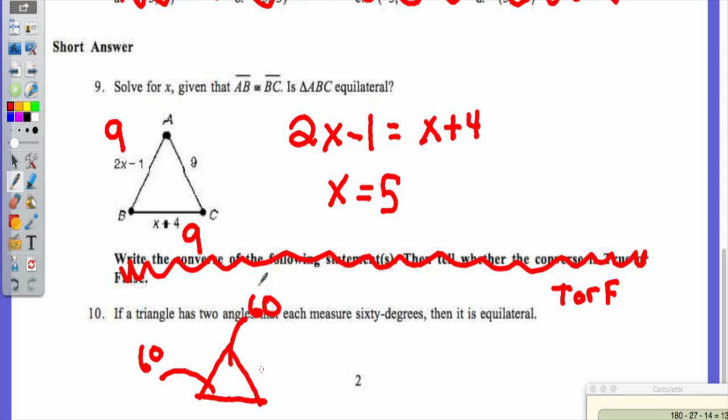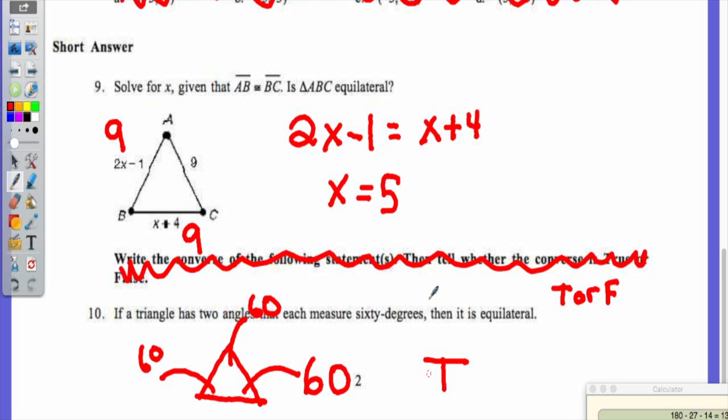So 60 plus 60 is 120, the last one is also 60, correct? So if all of these are 60 degrees, this triangle is equilateral, is equiangular, correct? But we learned a theorem that said if a triangle is equiangular, it is equilateral. So this is true.